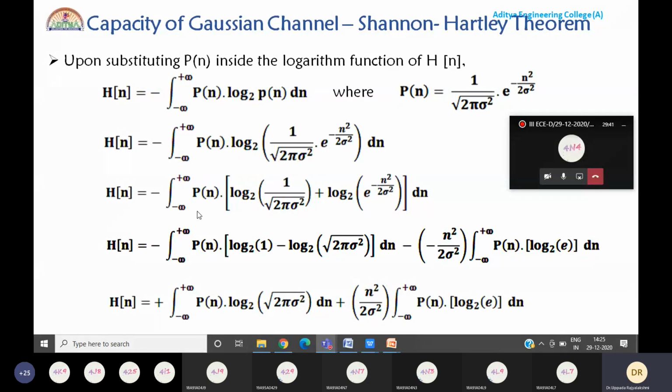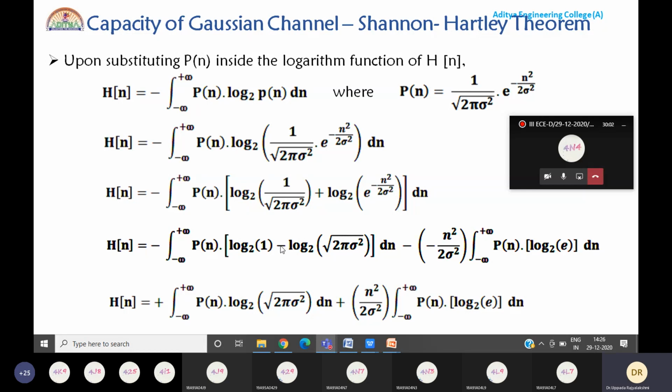Now, if you observe the first term, it is log 1 by root 2 pi sigma square. So this is in the form of log A by B, so you can write it as log A minus log B. Log A is log 1, so that is 0.